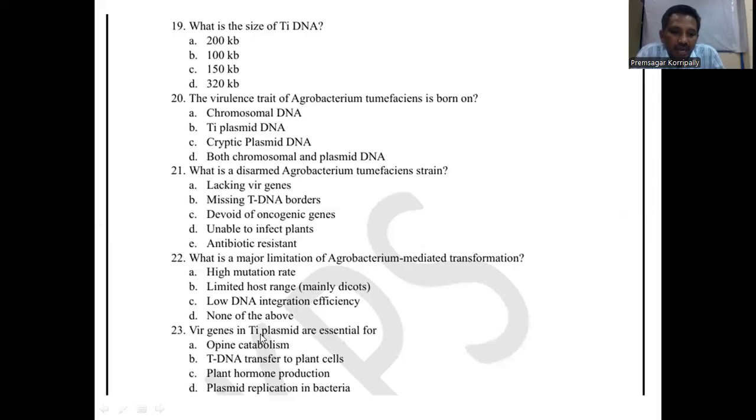23. Vir genes in the Ti plasmid are essential for opine catabolism, T-DNA transfer to plants, plant hormone production, and so on. Here the answer is that they are responsible for transfer of T-DNA into the plant cell.